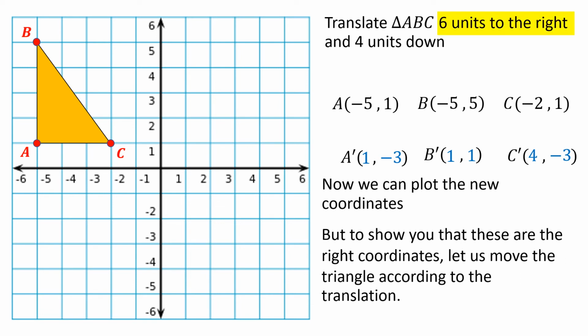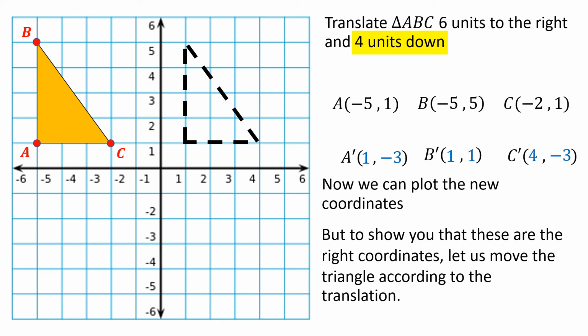First is 6 units to the right. So we will move the triangle 6 units to the right. That's 1, 2, 3, 4, 5, and 6. So that's 6 units to the right.